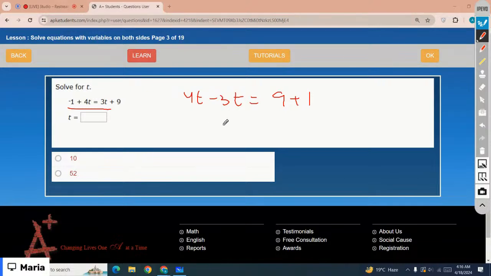The next correct option is t equals 10. Option number 1 is the correct option, right?